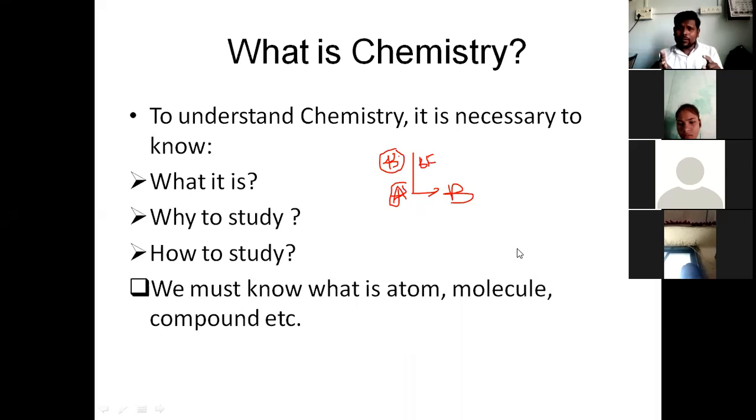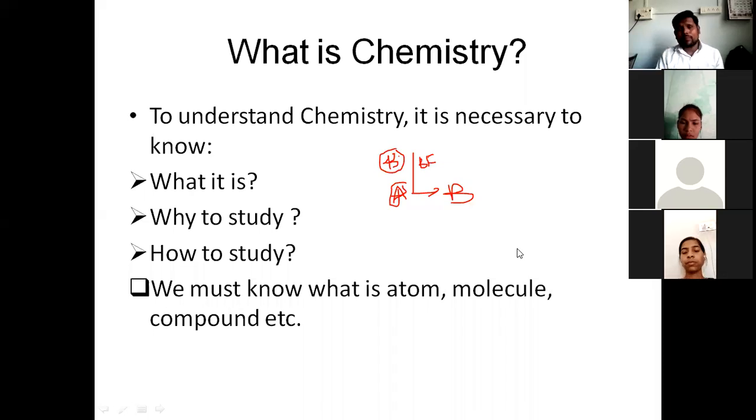One more important thing: whatever you learn today in my lecture or from any lecturer, you have to apply it in the next lecture. Here the question has been raised of how to study, but the answer will not be found in this lecture. You will get the answer little by little in the coming lectures.